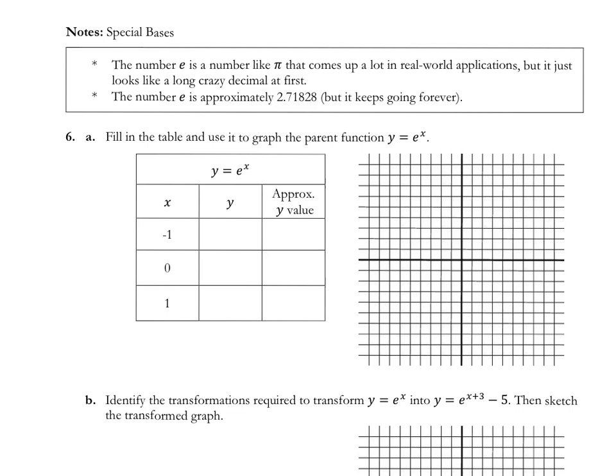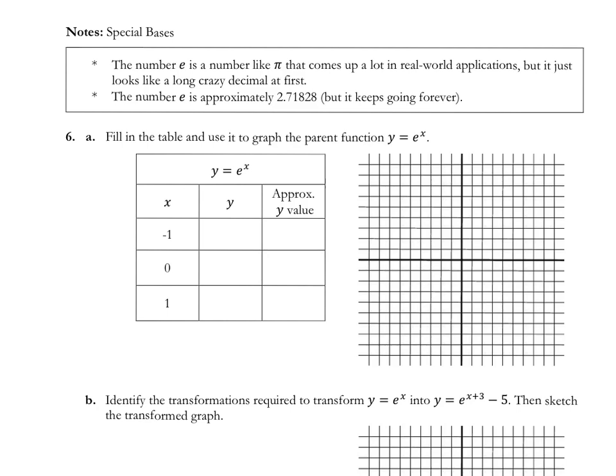So in the same way that pi is like 3.14159, blah, blah, blah, the number e is about 2.71828, but it keeps on going forever the same way that pi does. And I promise that this will come up in your future classes, both math and science. And so it's important for us to learn how that graph looks and how to transform it.